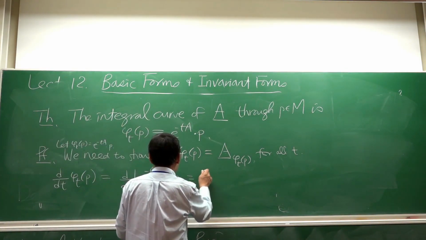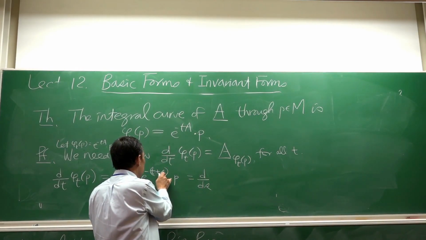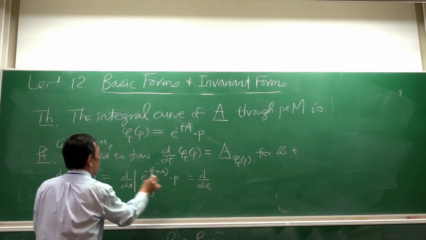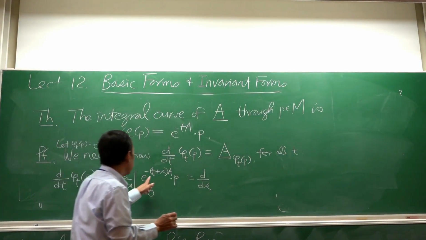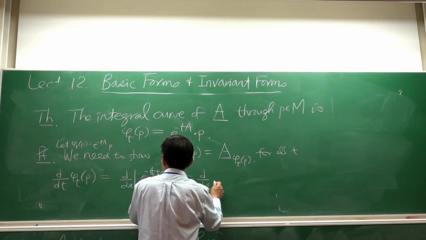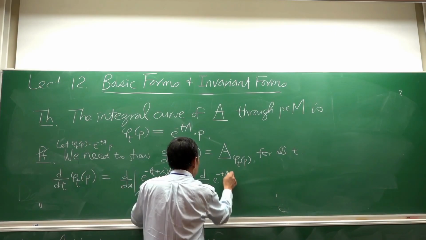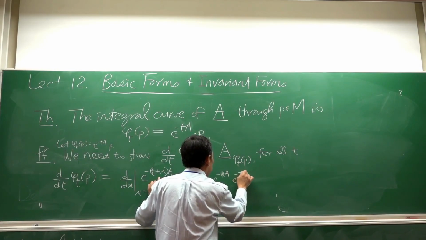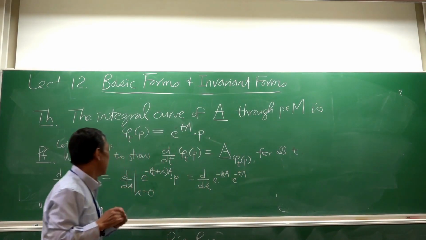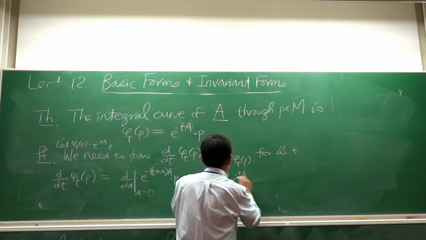And this is d/ds of e to the minus t. Oh, sorry, there's an a here. I forgot the a. But the exponential has the property that this is e to the minus sa, e to the minus ta, right? Yeah, the exponential has that property. P, okay?